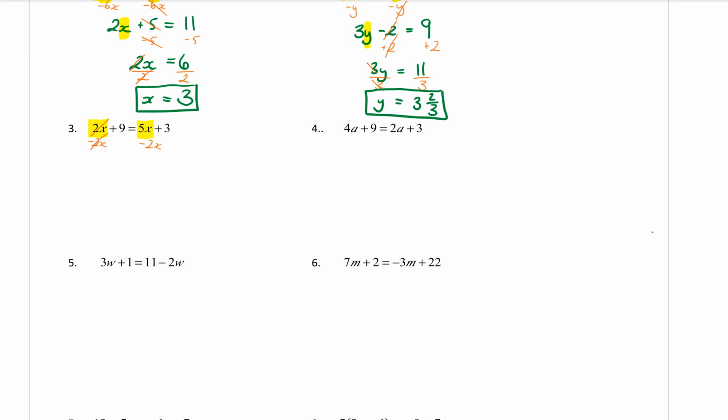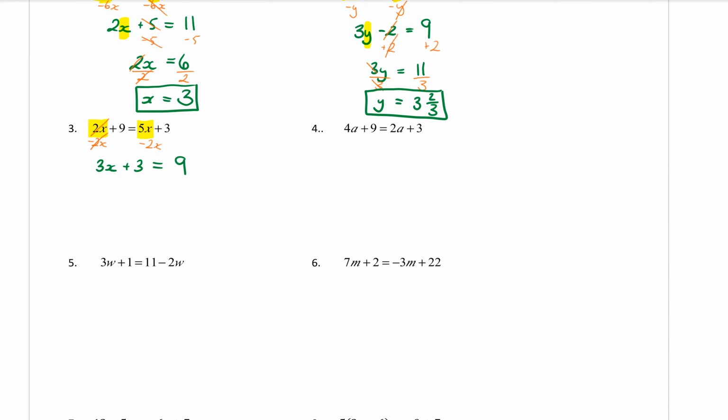I'm going to move the things that are on the left-hand side of my equation. I'm going to do them first and put them over on the left side. 5x take away 2x is 3x, and I have the plus 3. Equal sign. On the right-hand side, I had that 9, so it's also switching sides and it's coming over to the right.